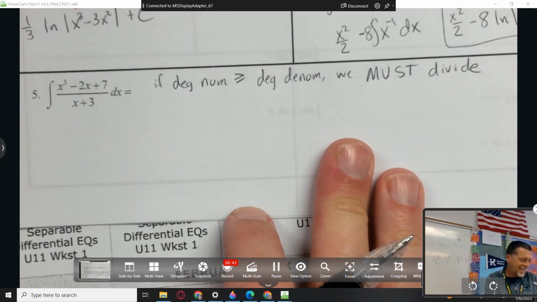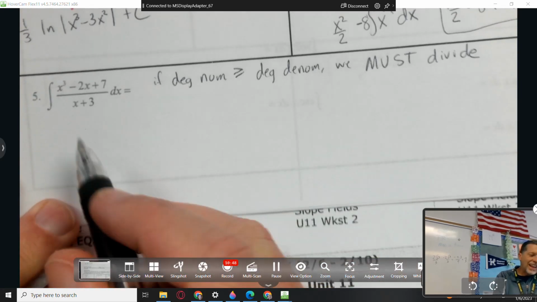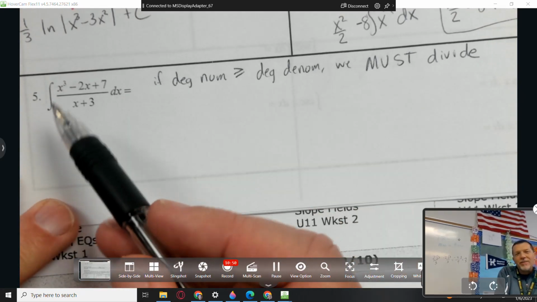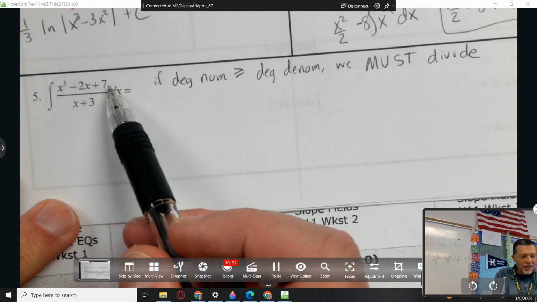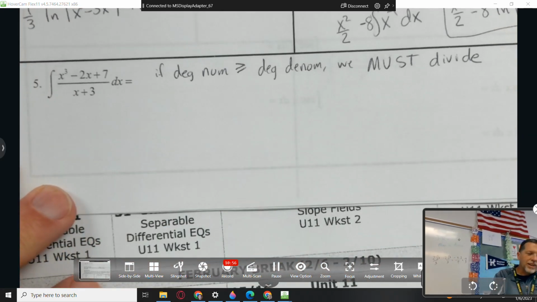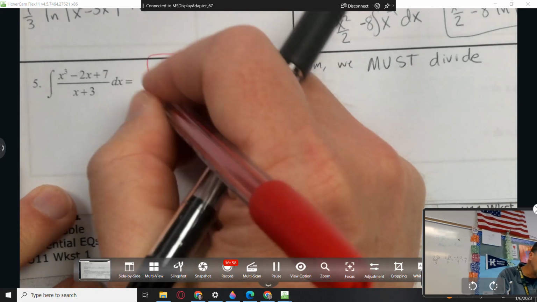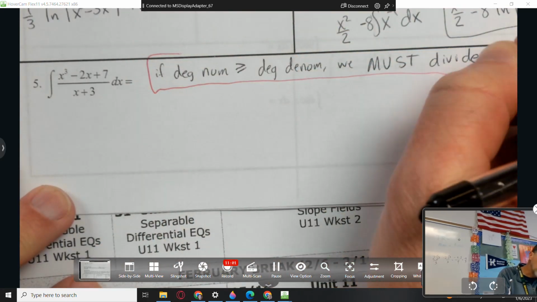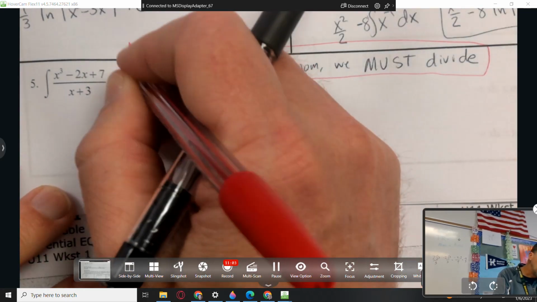Why? Well, it's the only way that'll work, I guess. Like I'm stuck. I can't do anything with this thing. I tried u being the top, I tried u being the bottom. Neither of those worked. The shortcut, it's not much of a shortcut, but the rule is if the degree of the numerator is bigger than the degree of the denominator, you've got to divide.